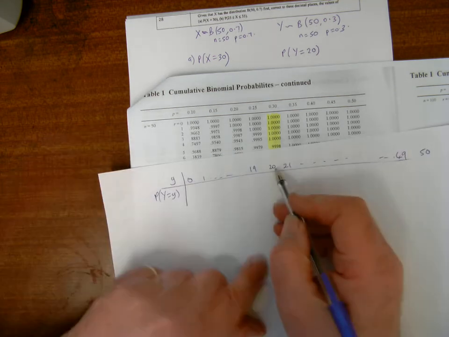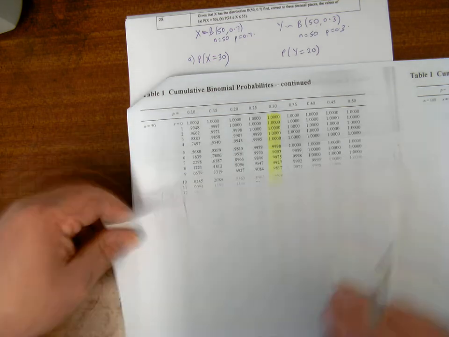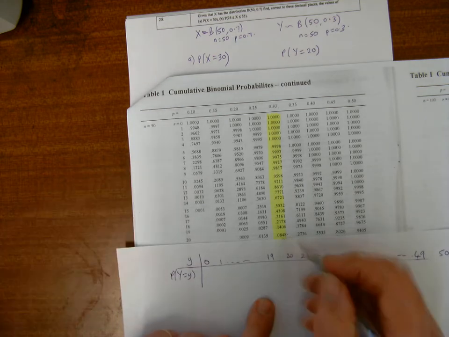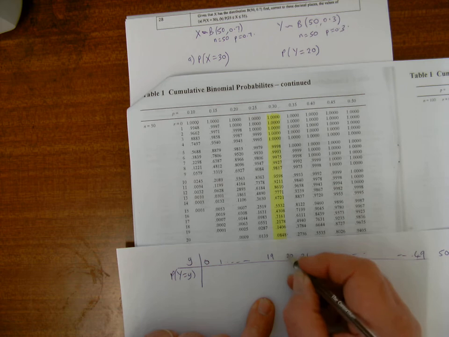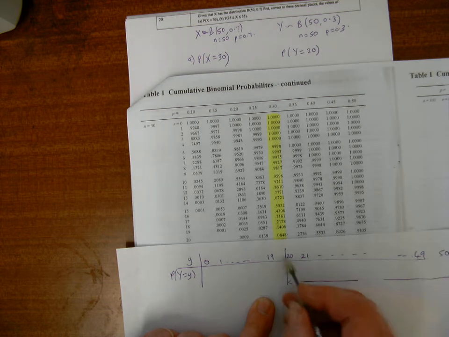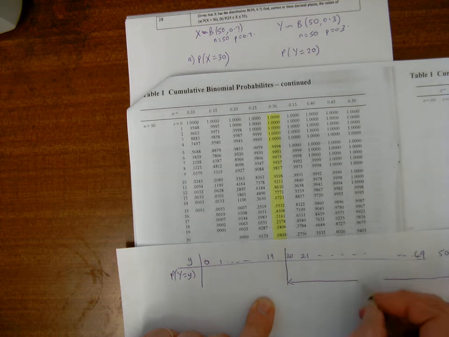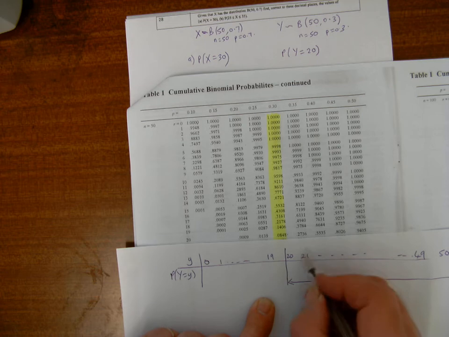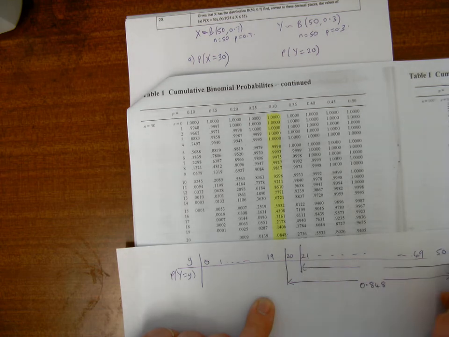Now if I want it equal to 20, if I look up 20 in this table, which is 0.0848, that means 20 or more. So all those values from 20 up to 50 add up to 0.0848. Because I want it equal to 20, what I need to do then is take off the values from 21 up to 50.